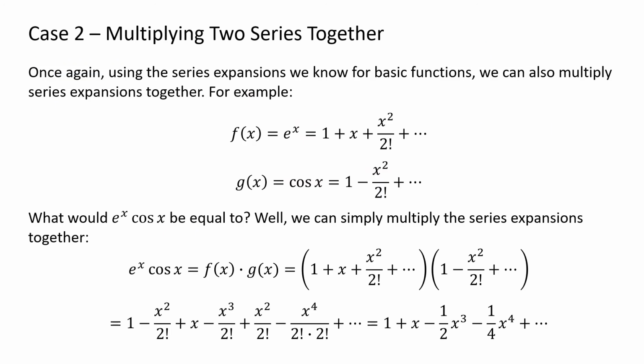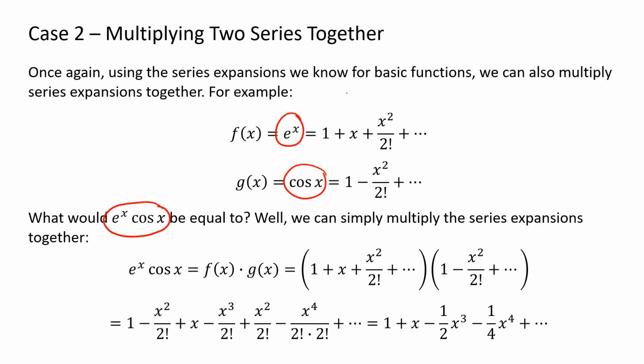Now that you saw that we could use slightly different functions and quickly find their series expansions, what we can also do in our second case is multiply 2 series expansions together. Let's say we have a function e to the x times cosine of x. That's 2 separate functions, e to the x and cosine of x, which we can write as their own separate expansions.